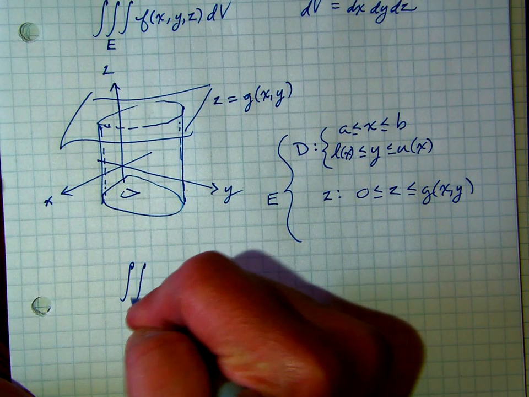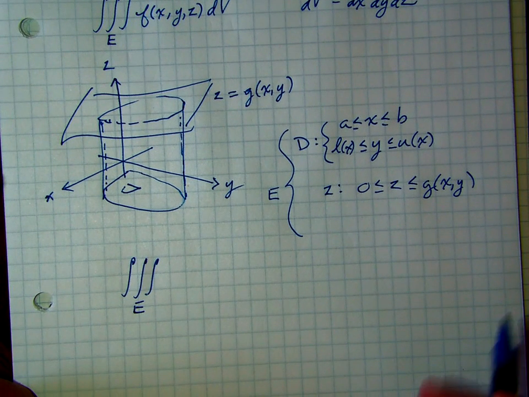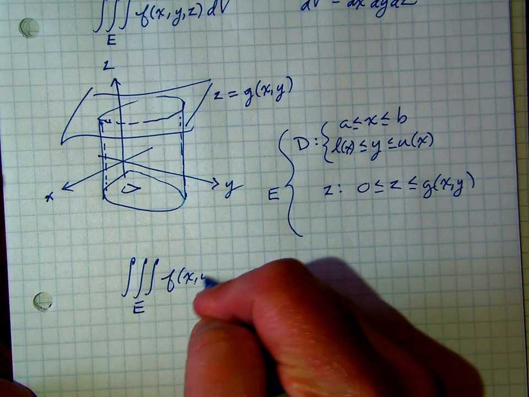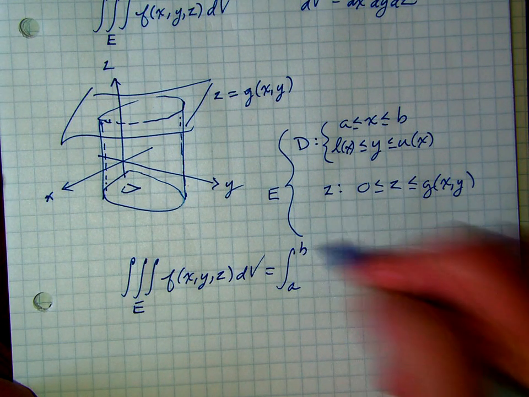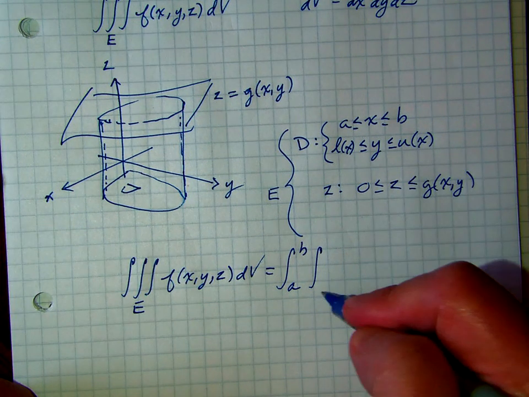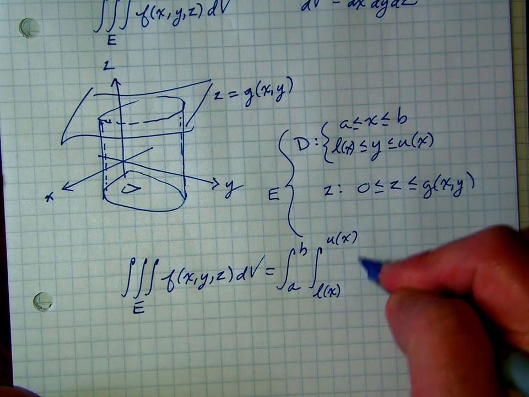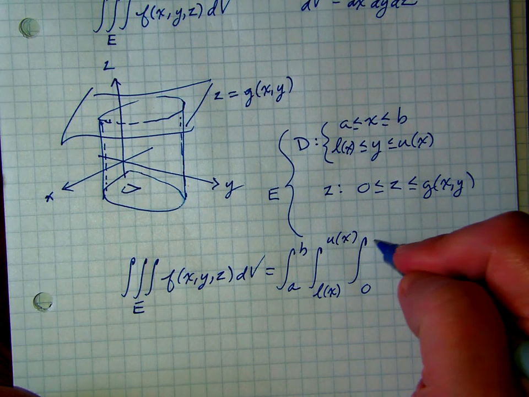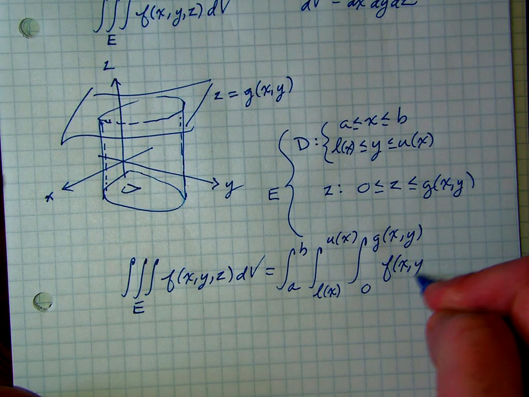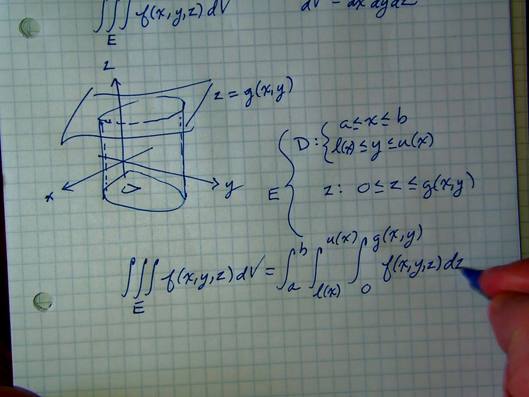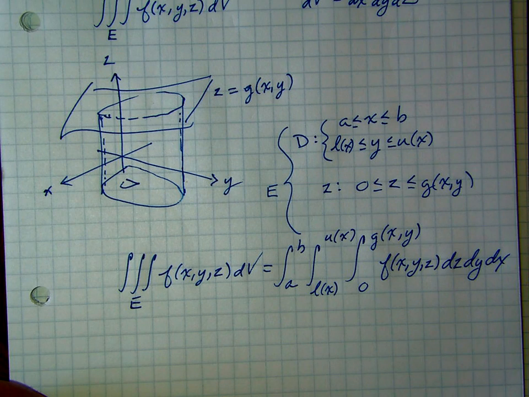Triple integral over the three-dimensional domain of integration E of this function, xyz dV, will be the integral from A to B, the integral from lower function of x to upper function of x, and then from 0 up to g of xy, and then we have our integrand, whatever that happens to be, and this is going to be dz, dy, dx, and we had just barely enough room to do all of that, okay?